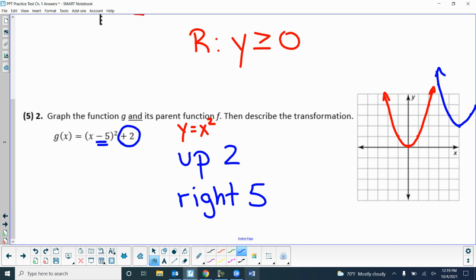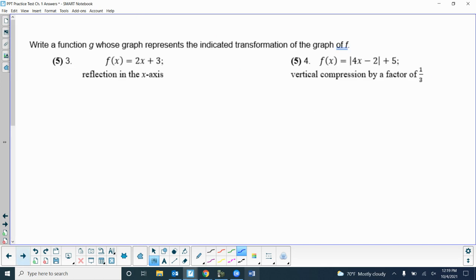Okay. All right, number 3. Reflection on the x-axis. So just think about this for a second. Let's say I had the point (2, 1). If I'm reflecting about the x, the x-axis is this way. So I'm going to go down to here.